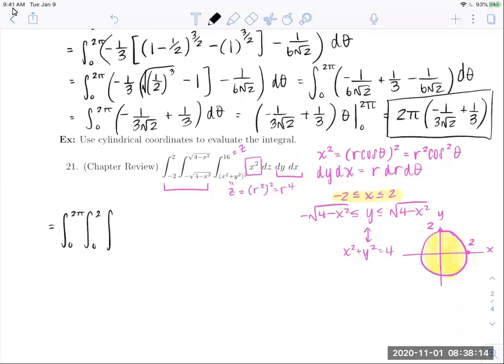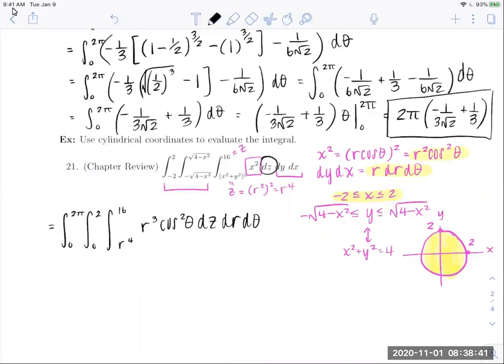And my inner limits of integration, as discussed before, are r to the fourth up to 16. And then what I'm going to do now is include my r squared cosine squared with my r dr d theta. So there's actually 3 r's there. R cubed cosine squared theta dz dr d theta, where this dz is just coming from our original integral.